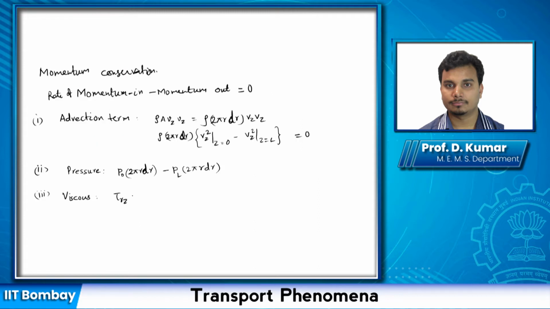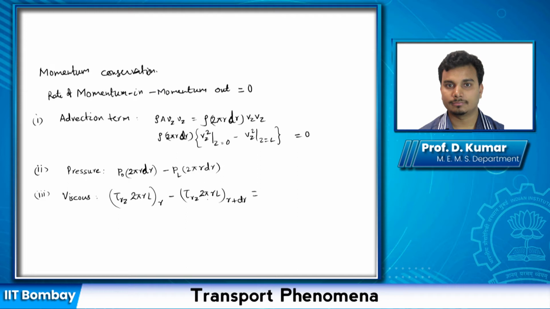It will be 2 pi r L. Okay. So this whole thing we can take at R, and then what comes out is the shear stress, and also this area at R plus dr or delta R. Okay.